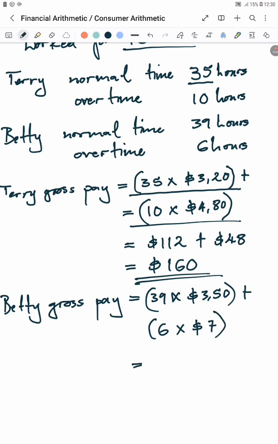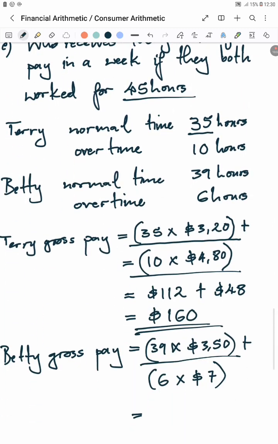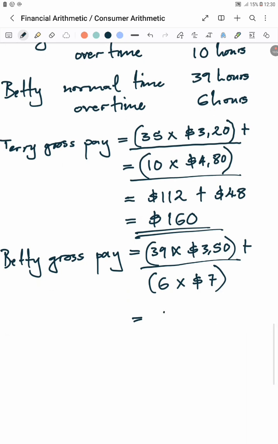So the normal time pay, we have calculated it on top here, is $136.50, and if we add the overtime pay, which is 7 times 6, that gives us 42.